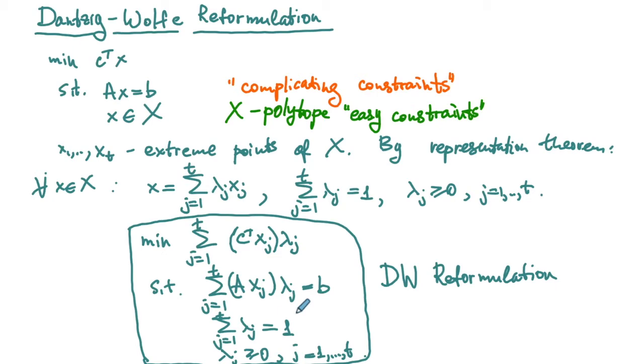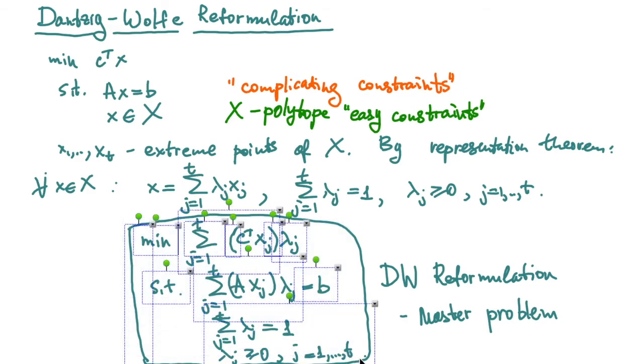So this is the idea of the Dantzig-Wolfe decomposition method. So let's call this problem the master problem. And again, because we have way too many extreme points in general, we are going to focus on what we call the restricted master problem.